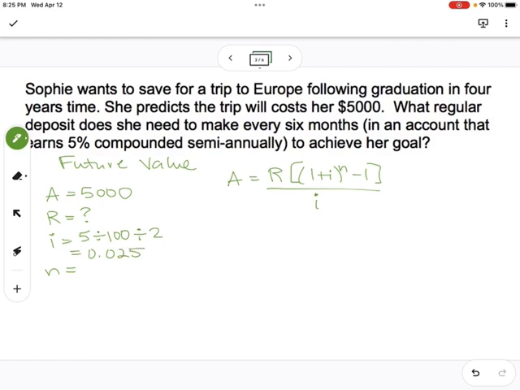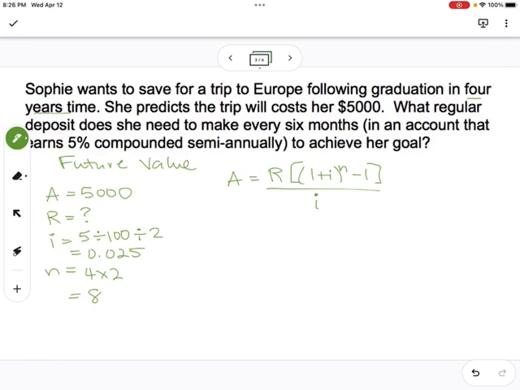And our n value is going to be our number of years, which is 4 years. And it's being paid every 6 months or semi-annually, so that's times 2. 4 times 2, so our n value is 8.